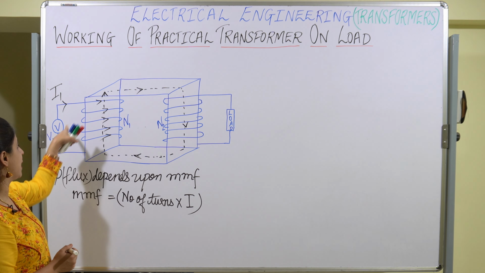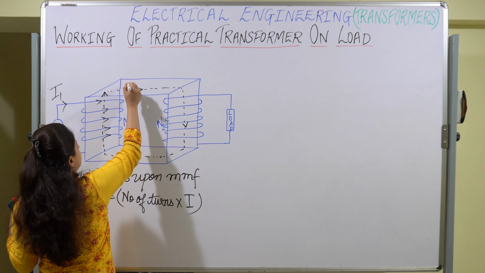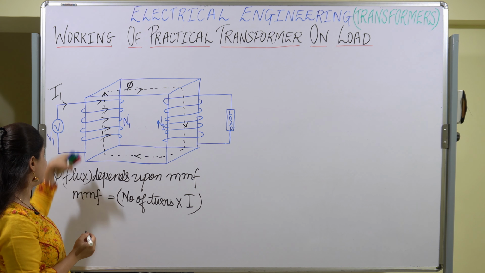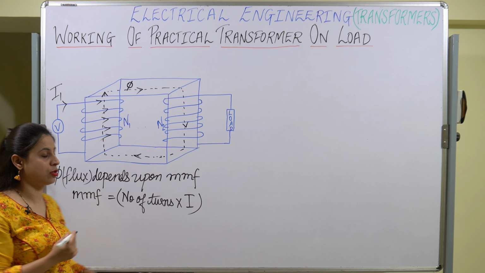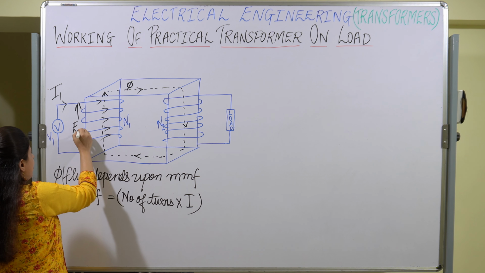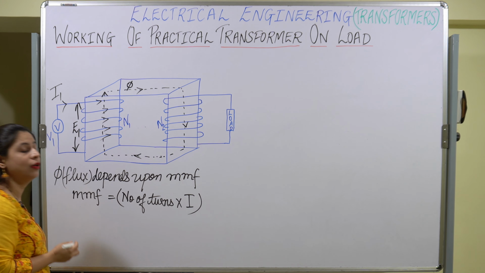Okay, so as soon as the flux phi is set up, because of induction, an EMF is induced at the primary side, and that EMF is given by E1.